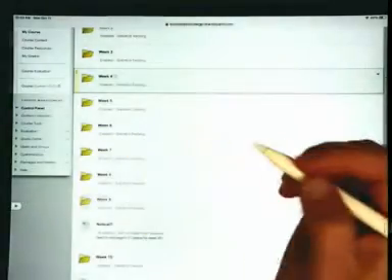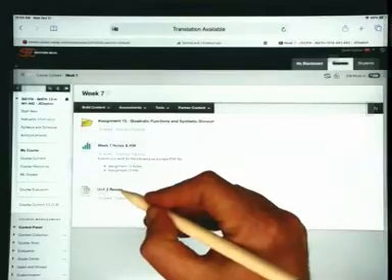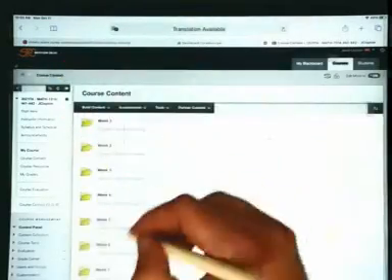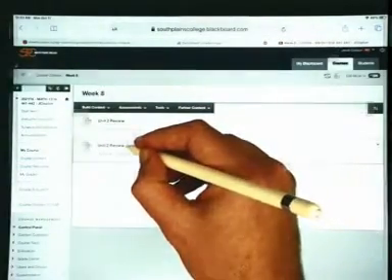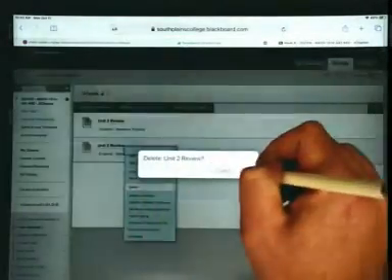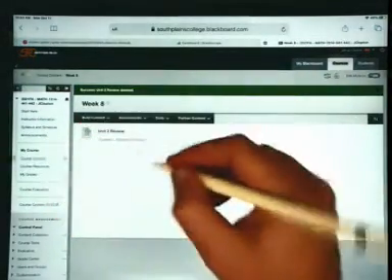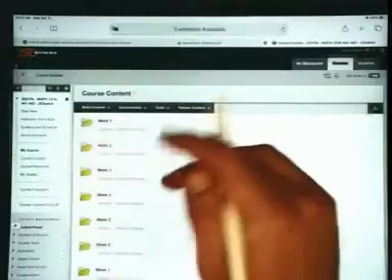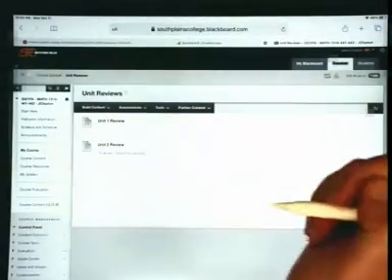Alright, so this is week 7, so you can find the review in week 7, Unit 2 review. You can also find it in the week 8 folder, Unit 2 review. I guess I got two of those there. Just remove one, delete. And you can also find it down here at the very bottom, unit reviews. You can find Unit 2 review.